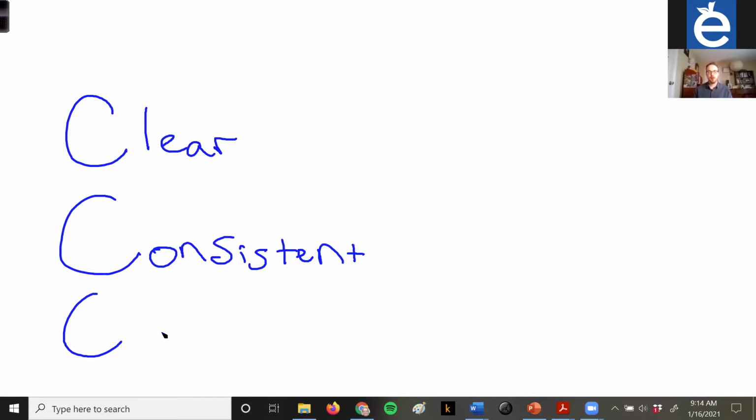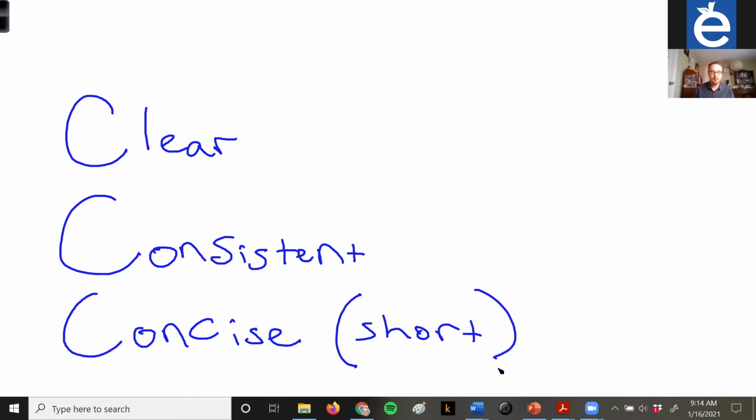And the last one, which is usually the easiest to spot, but it can trip a lot of people up, is you want the passage to be as concise as possible. Now, if you don't know what concise means, that just means as short as you can make it. So a lot of us, when we're writing for school, we use more words than we need, right?